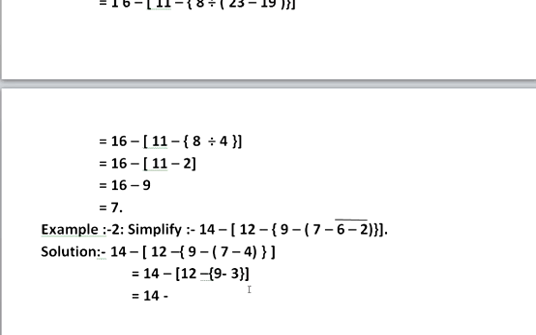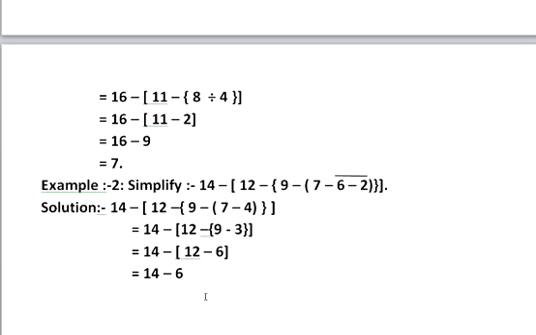So 14 minus square bracket 12 minus, in the curly bracket only one fundamental operation, subtract. So we subtract 9 minus 3 and remove the curly bracket, we get 6, and then the square bracket. In the square bracket only one fundamental operation, so 12 minus 6 we get 6 and remove the square bracket, and 14 minus 6 we subtract, so we get 8.